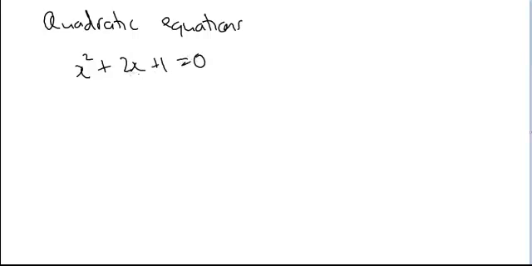Next we look at quadratic equations. So they're polynomials where the highest order is squared. So something like x squared plus 2x plus 1 is equal to 0.